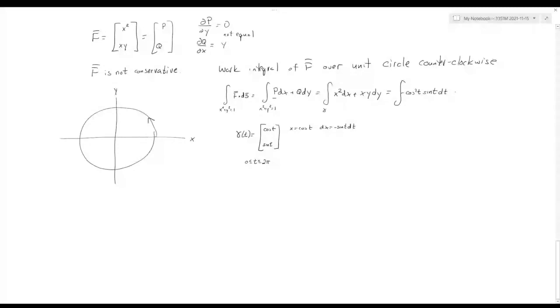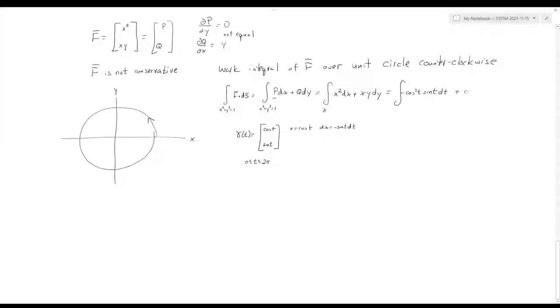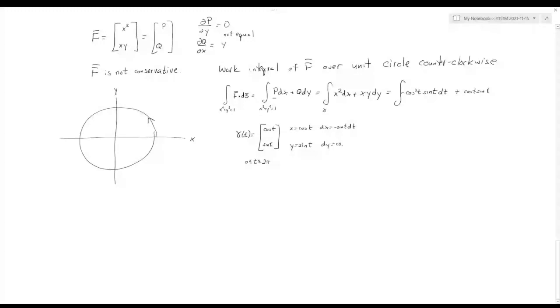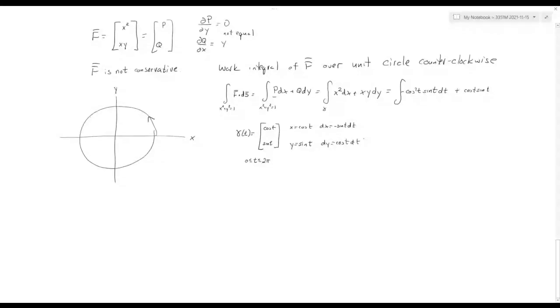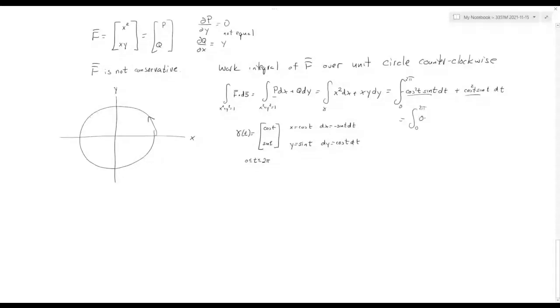And plus, then x times y becomes cosine times sine. And if y is equal to sine, dy would be cosine dt. So notice that these add to 0. So you have a definite integral of 0 dt. So that just gives you 0.